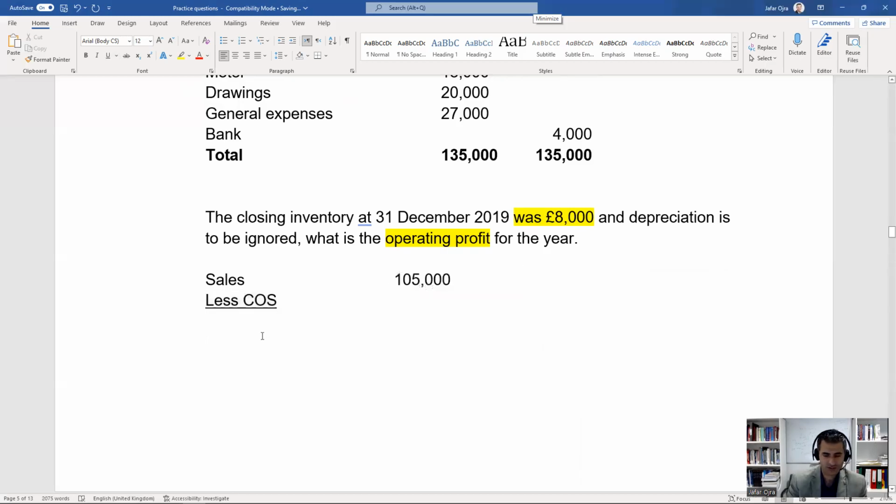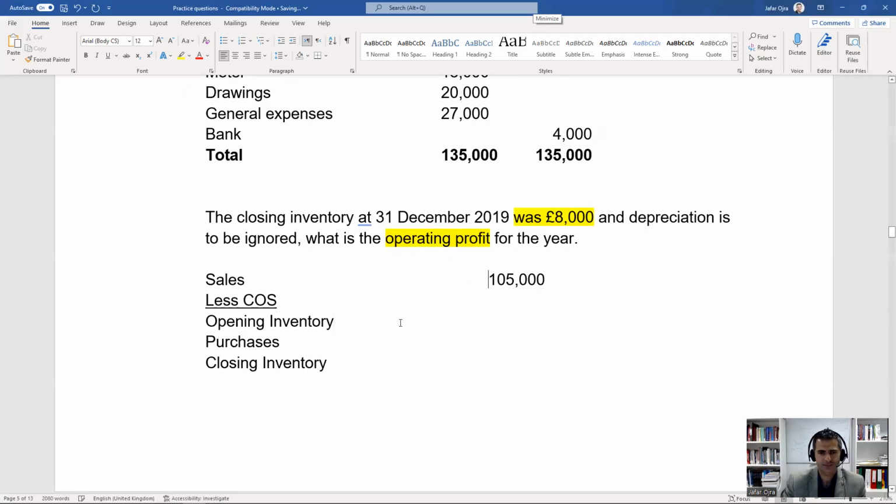Cost of sales is opening inventory plus purchases minus closing inventory. I hope at this point you have memorized the formula.